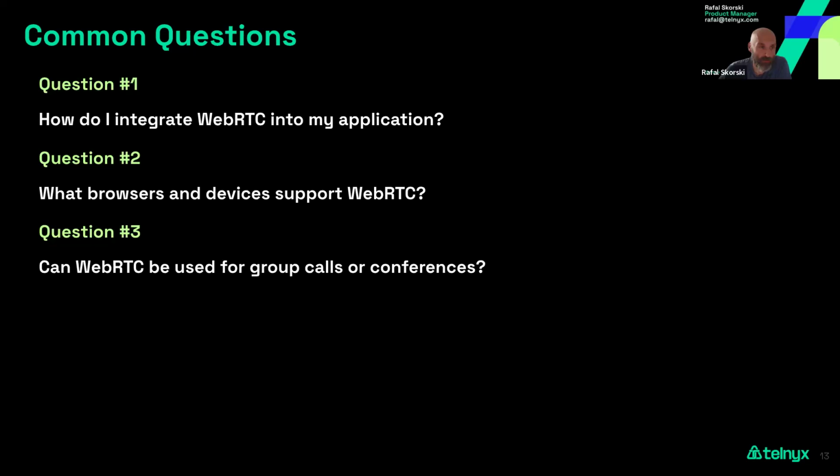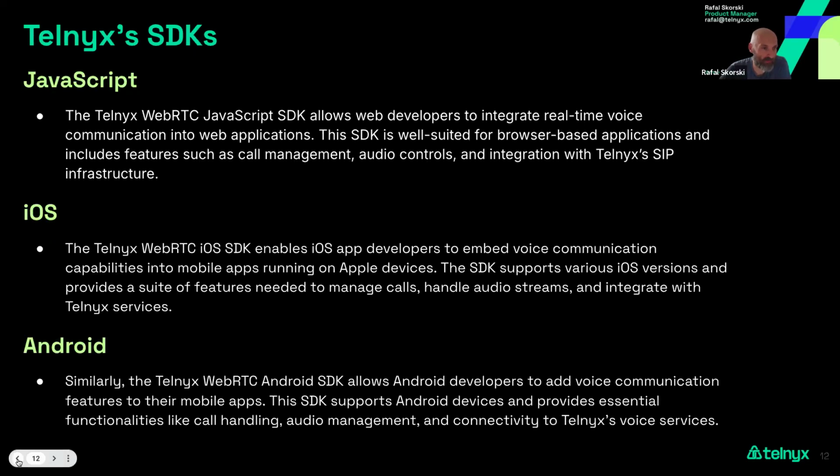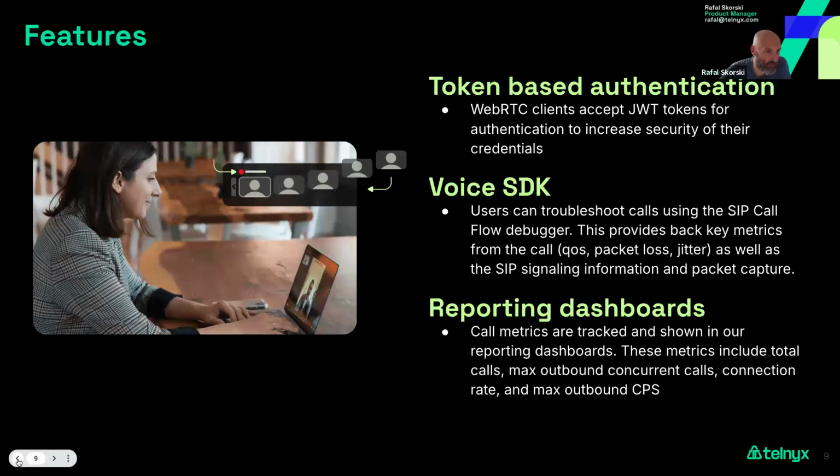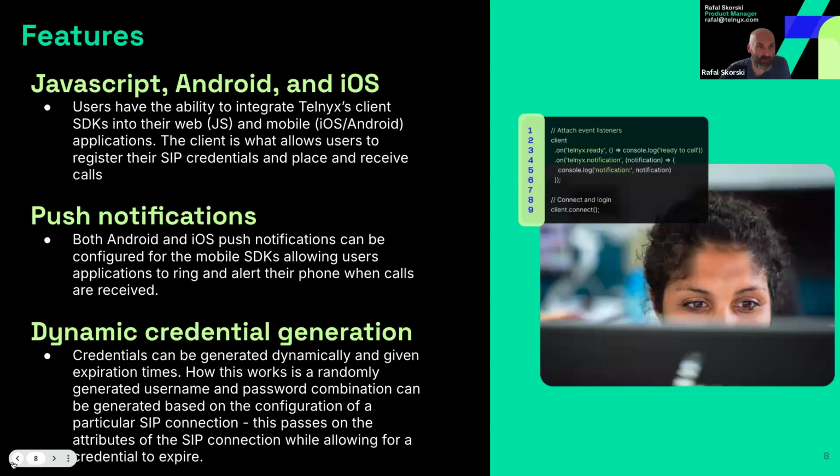So the main features were provided, I believe, by Leszek on one of the slides. We can go to that. I believe that was slide 7. No, sorry, that was... yeah, but the main features are of course support for web and mobile.